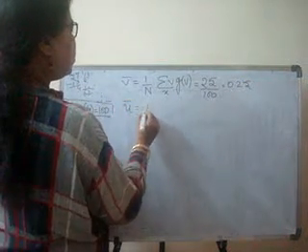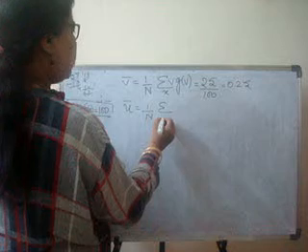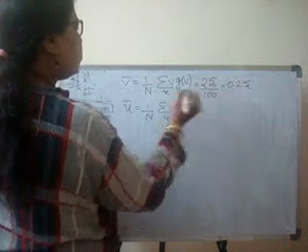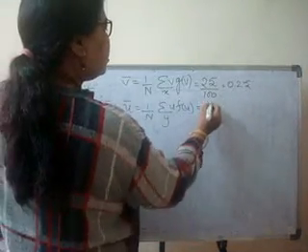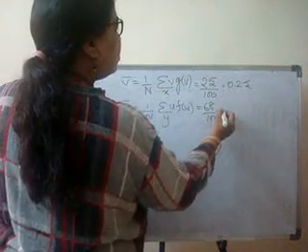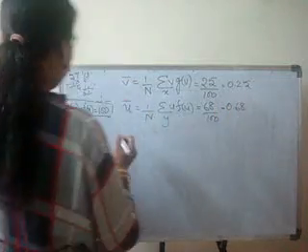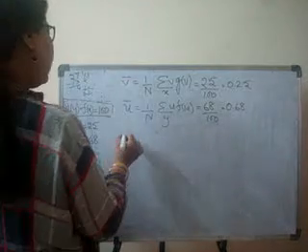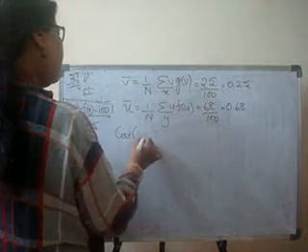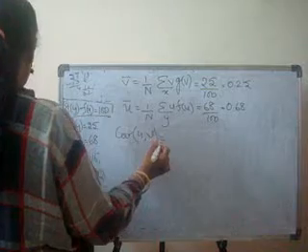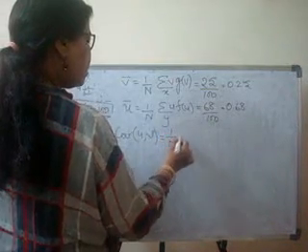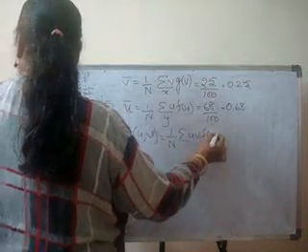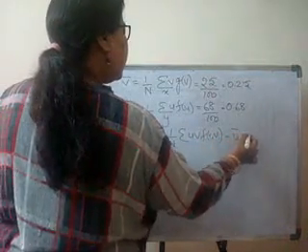U bar is equals to 1 by n summation over y u into f of u. That would be 68 divided by 100, which is equals to 0.68, and then covariance of u comma v would be equals to 1 by n summation over u v f of u comma v minus u bar v bar.